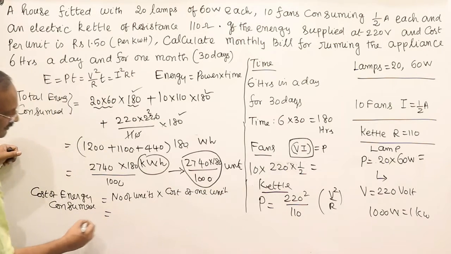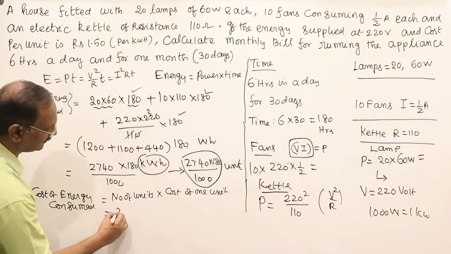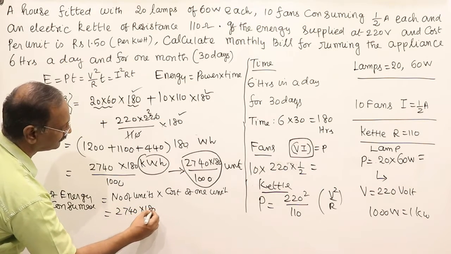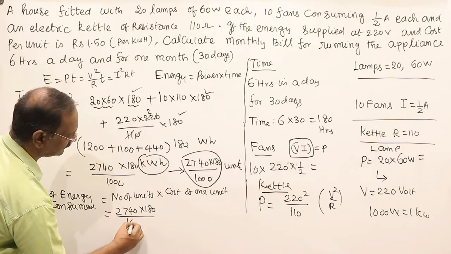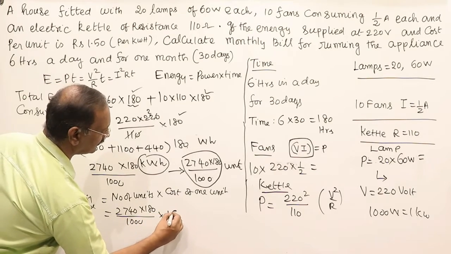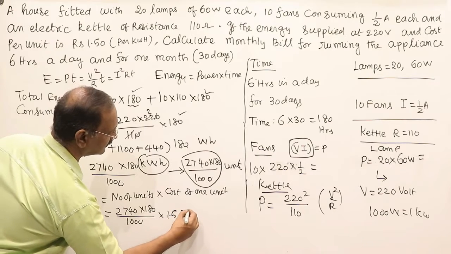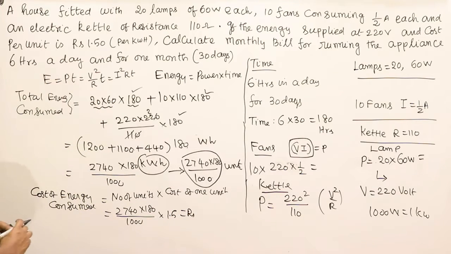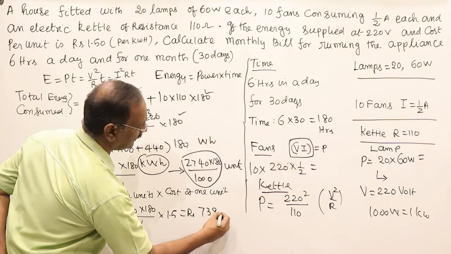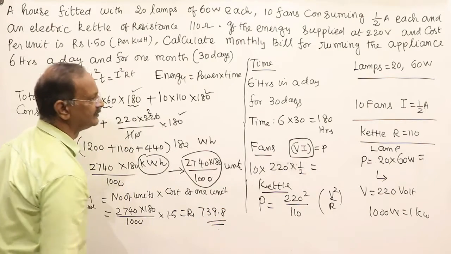So the number of units is 2740 into 180 divided by 1000, into cost of 1 unit, which is 1.5 rupees. So in the calculation, the value comes out to be 739.8 rupees.